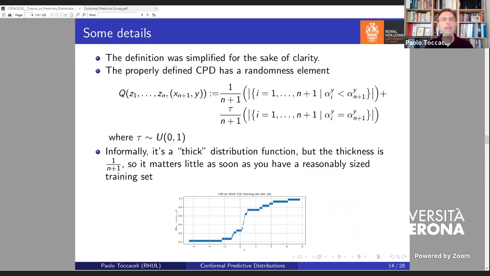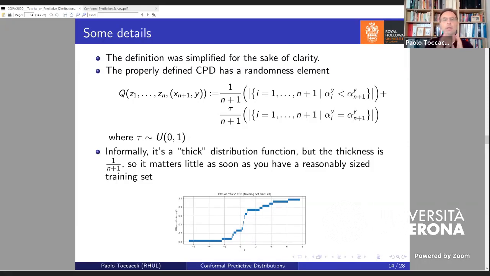So as I said before, I took a shortcut. And what I didn't mention before is that in order to define a conformal predictive distribution with the rigor that allows us to obtain theoretical results to corroborate our statements, it is necessary to introduce a randomness element.